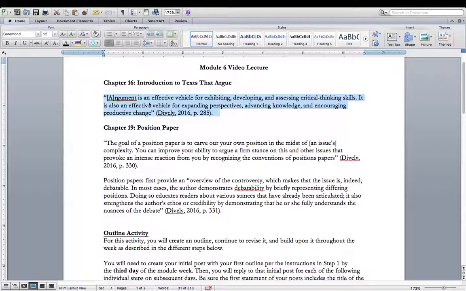But Dively, our author, says that argument is an effective vehicle for exhibiting, developing, and assessing critical thinking skills. And that last part is, argument is a way for somebody to determine where you are cognitively in terms of your ability to engage and execute critical thinking.